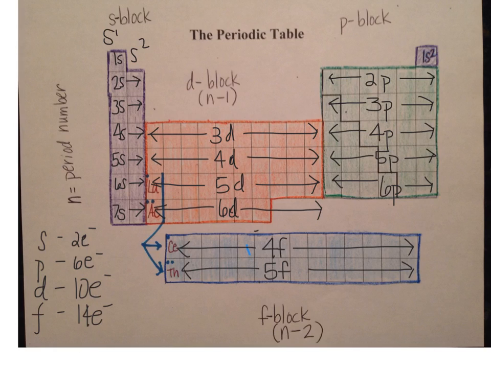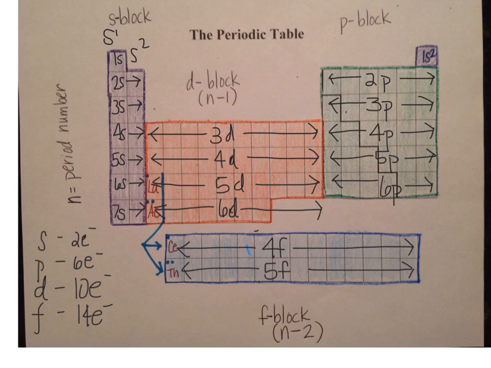What that means is that the last electron that goes in will be going into the S1 slot. So depending on what period it is, it's going to be going into 1S1 for hydrogen, next one is going to go into 2S1, and then sodium's going to go into 3S1. So everything in that column ends in an S1.